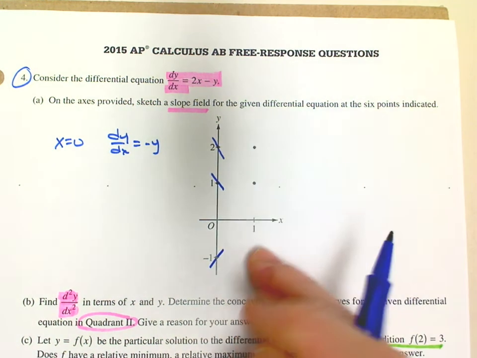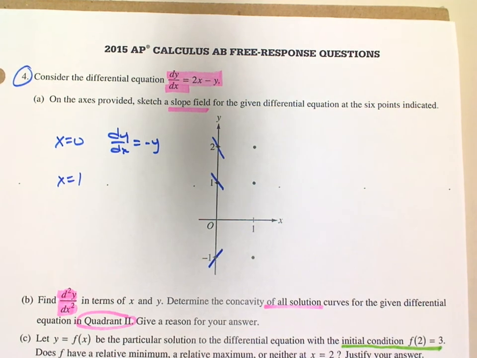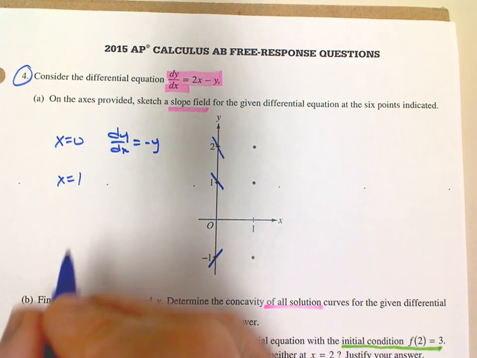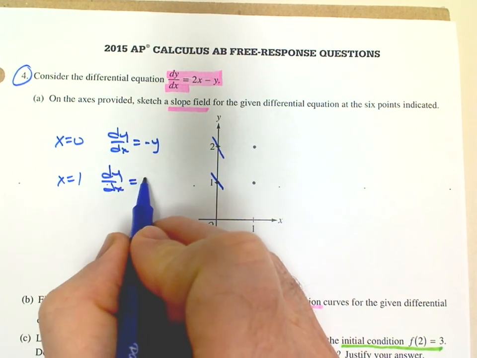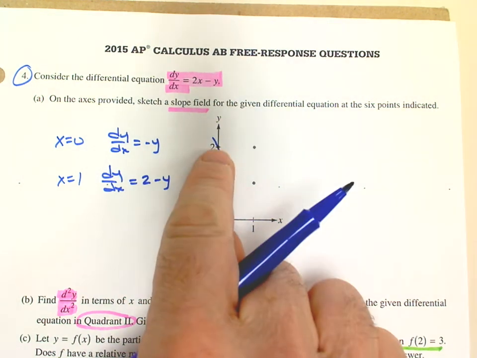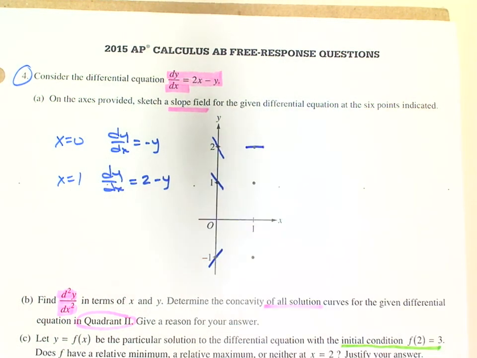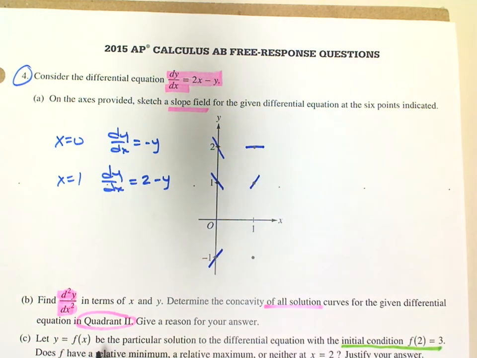Now let's fill out these. Well, why not just do like we did on the last one, and let's say x equals 1. When x equals 1, dy/dx will simply be 2 times 1, or 2, minus y. 2 minus 2 gives us a slope of 0. 2 minus 1 will give us a slope of 1.